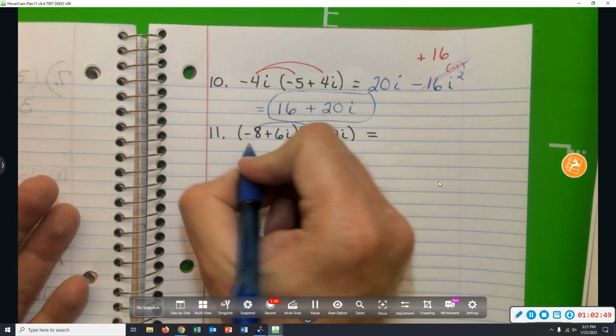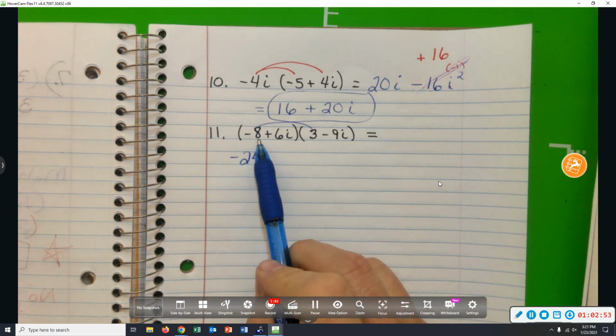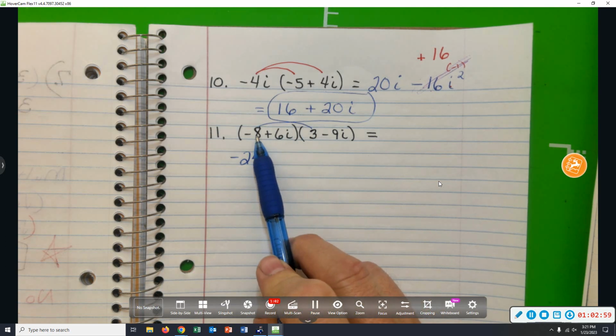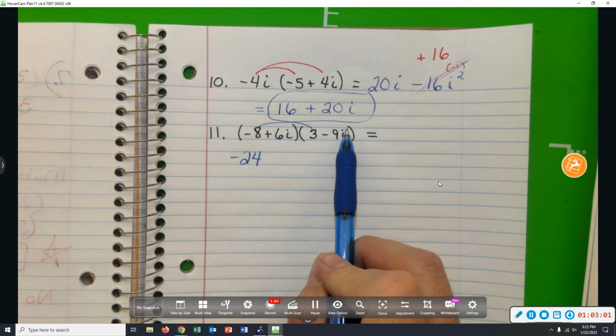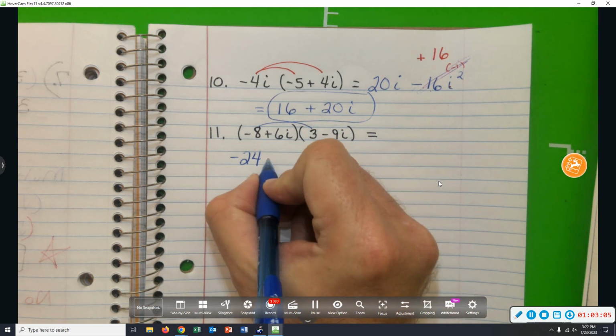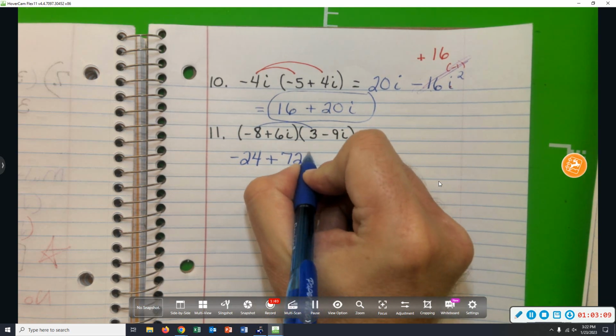First, it's a negative 24, negative 8 times 3. Now, what about outer? Negative 8 times negative 9i, that's going to be, negative times negative is positive, 72i.